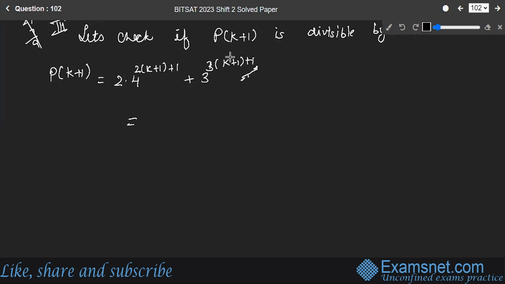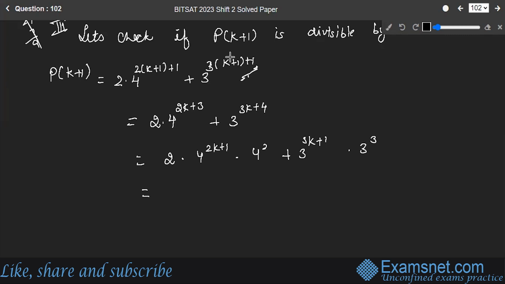So this will be 2 into 4 power 2k plus 3 plus 3 power 3k plus 4. So this will be given by 2 into 4 power 2k plus 1 into 4 power 2, plus 3 into 3 power 3k plus 1 into 3 power 3. So this is equal to 16 into 2 into 4 power this plus 27 into 3 power this.